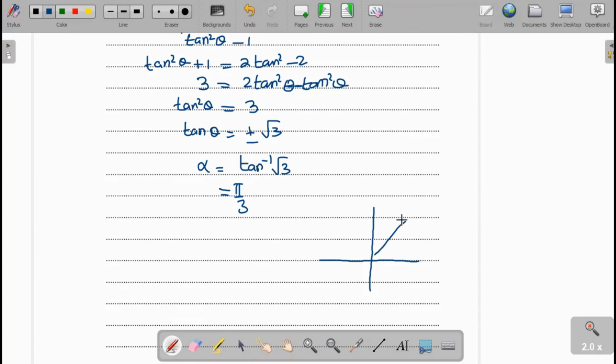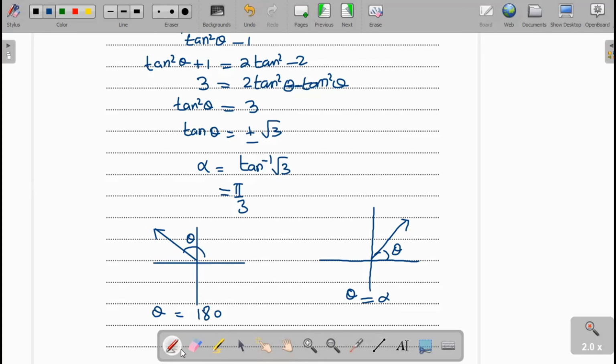In the first quadrant, theta will be equal to alpha, and in the second quadrant theta will be equal to 180 minus alpha.